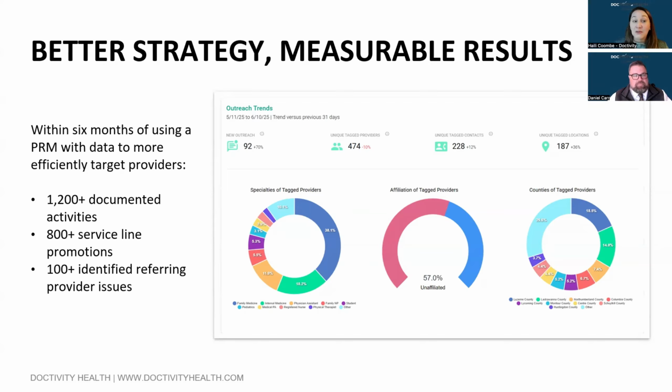And they also identified more than 100 referring provider issues. This is something we've seen across all of our liaison teams, that ability to surface whether it's access issues, communication issues, whatever it is within the market so that some change can be affected. And while that liaison or liaison team might not be the ones responsible for affecting the change, they are a key part in bringing it to the table so something can happen about it.